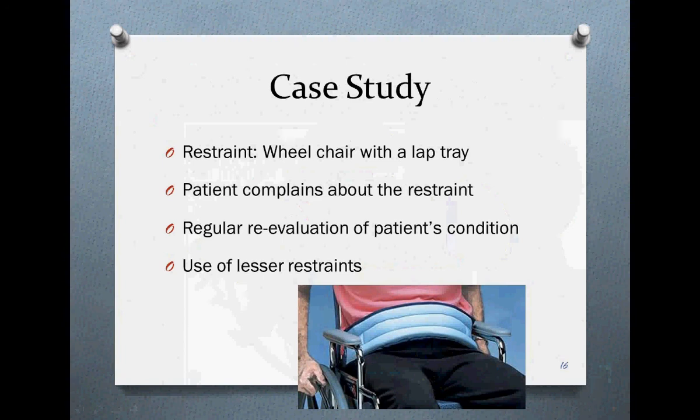After her treatment is over, she can walk on her own, but still under the supervision of a nurse. So here you can see the huge dilemma when a doctor has to decide to use a restraint when the patient is refusing it.